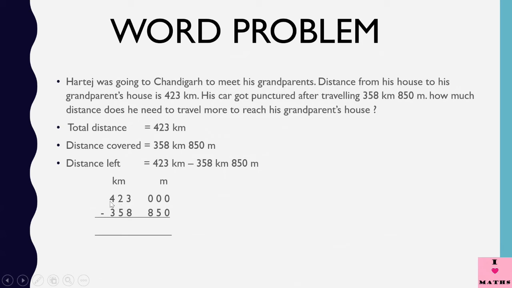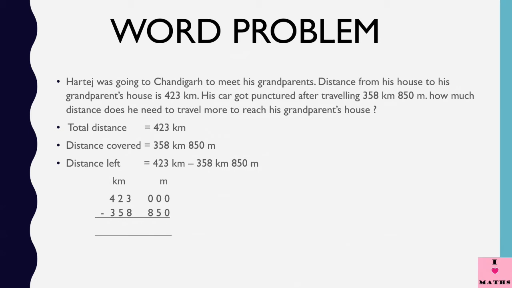See, this is 423 kilometer and 000 meters. Now you must be wondering, why have we written 000 meters? Where was the need? Now children, we have to subtract 358 kilometers and 850 meters.